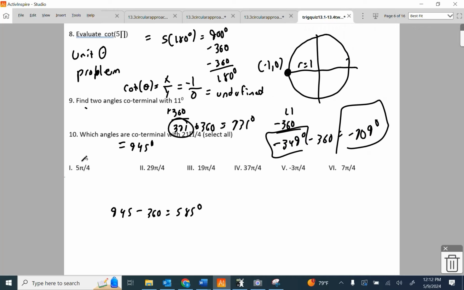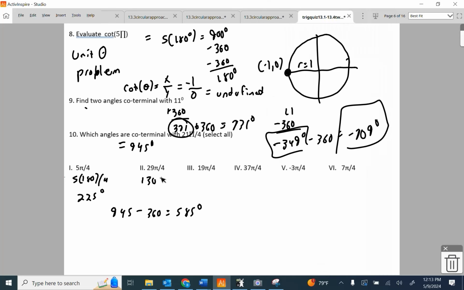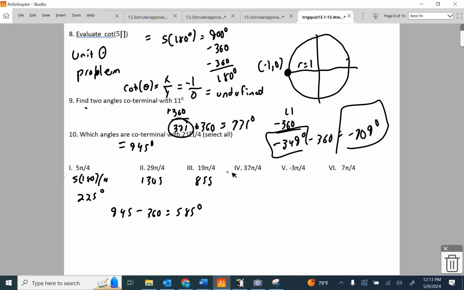Now, something you might want to do is figure out what all of these are in degrees. This is 225 degrees. I don't know why I hesitated on that. I just did. So 29 times 45 is 1,305. 855.